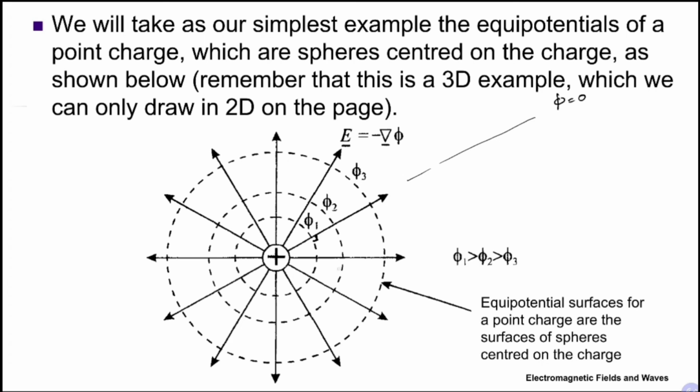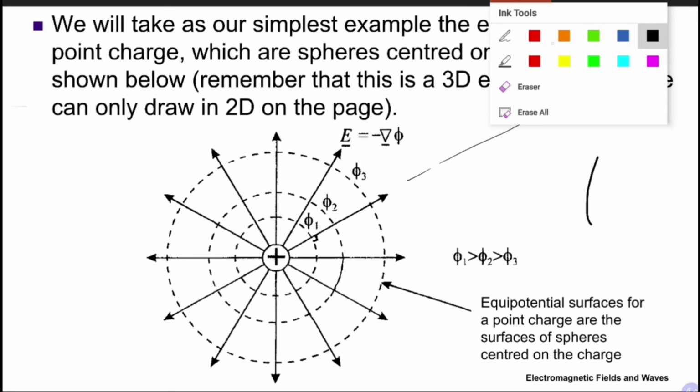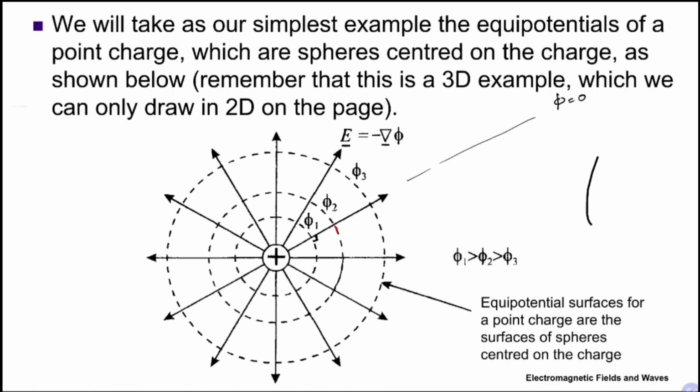Going back to here, all this line here has a potential of phi 2, because we know that phi equals Q over 4 pi epsilon naught r, and all of these points have the same distance from the charge.